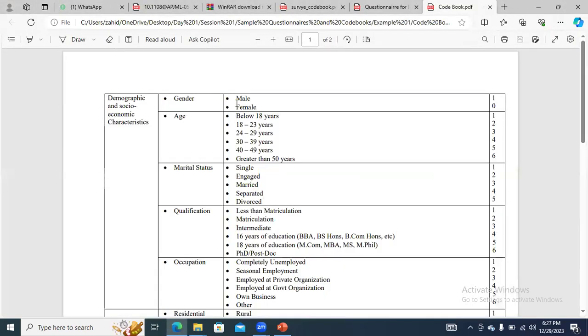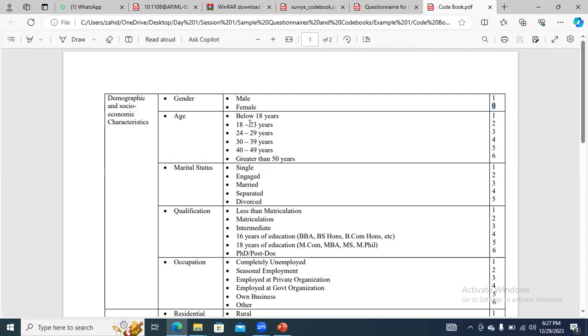For gender, I have used the codes 0 and 1, representing male by 1 and female by 0. It is your choice whether you represent male by 1 and female by 2, or male by 1 and female by 0. You just need to tell the software what those digits mean.